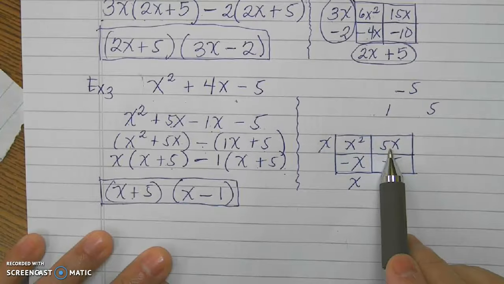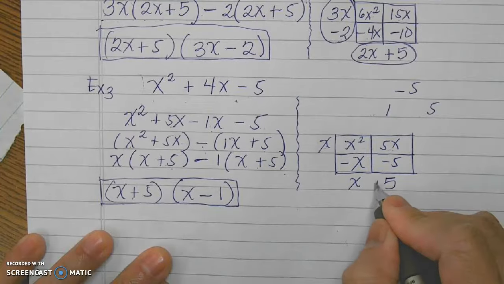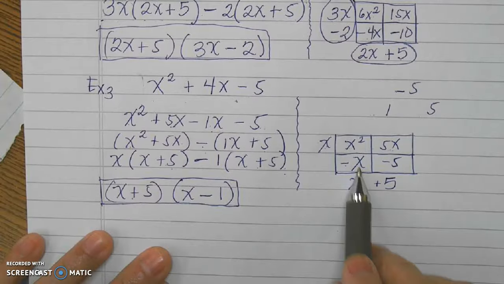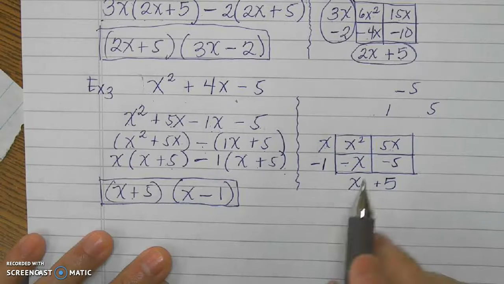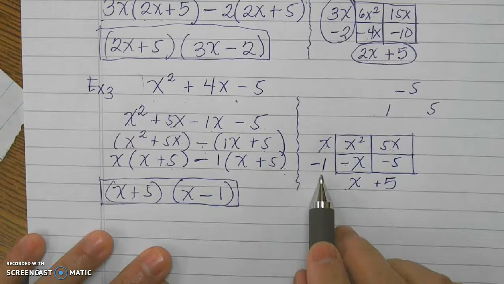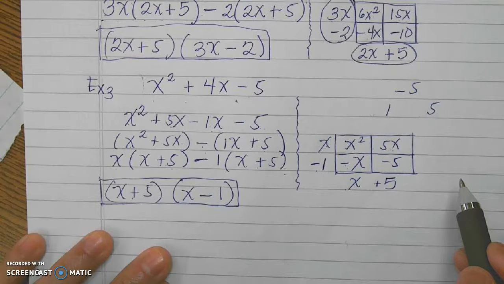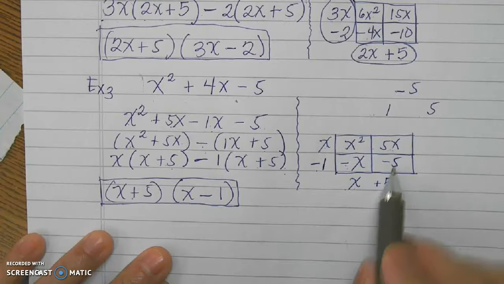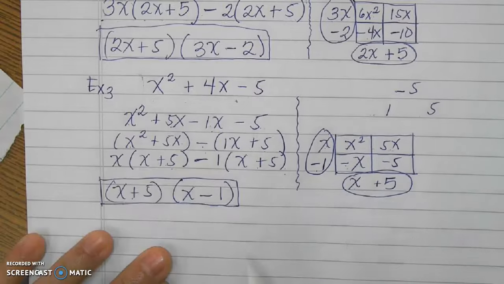For you to have 5x, if this is an x, I have to multiply it by 5, so that's a positive 5. If I have a negative x here and that's an x, this must be a negative 1. For me to check, that's 1 positive times 1 negative, that's going to be a negative x. And positive 5 times negative 1 is negative 5. These are my factors, the same as these ones.